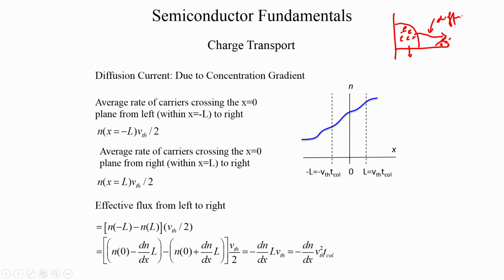But if you think about it, a presence of a lot of charged particles here implies that this region has lower potential as compared to this region, and therefore in the case of charged entities, the diffusion can be thought of as some kind of self-induced drift.